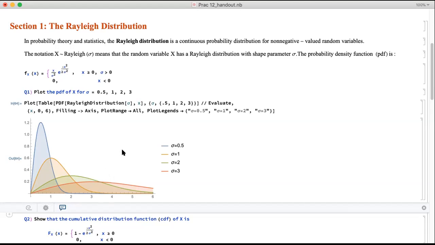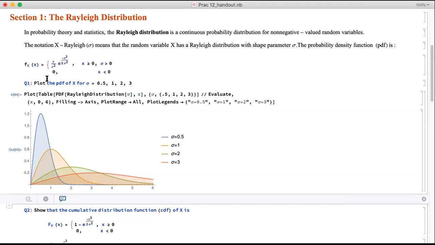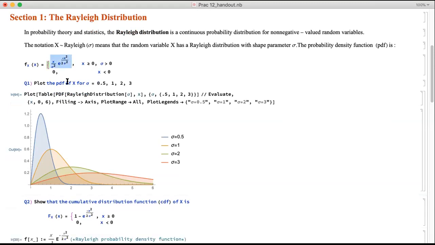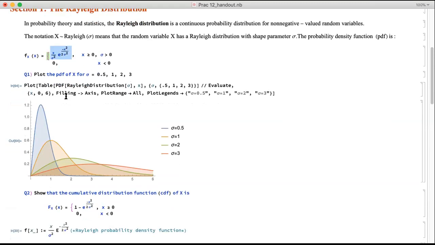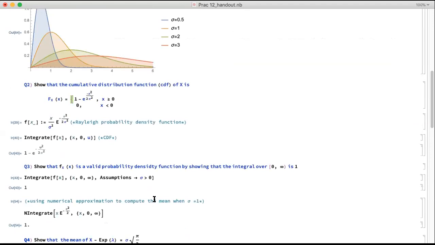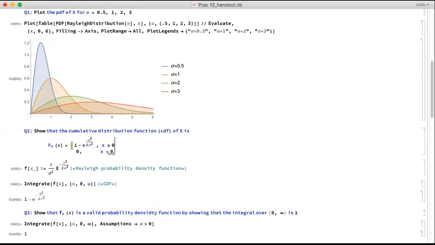All right. Now using the expression for the PDF, could you show that the cumulative distribution function, which is the CDF of x, is given by this part here when x is bigger than or equal to 0, and it should be 0 otherwise.